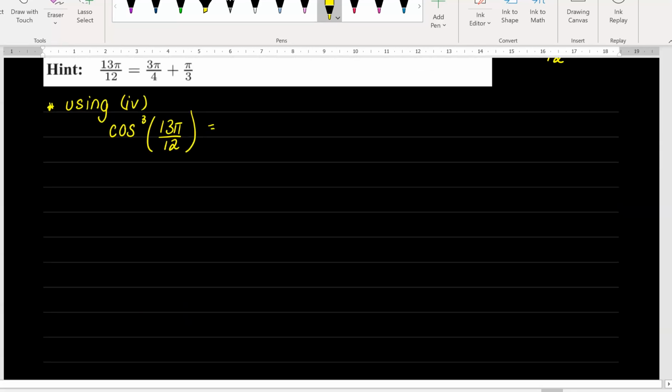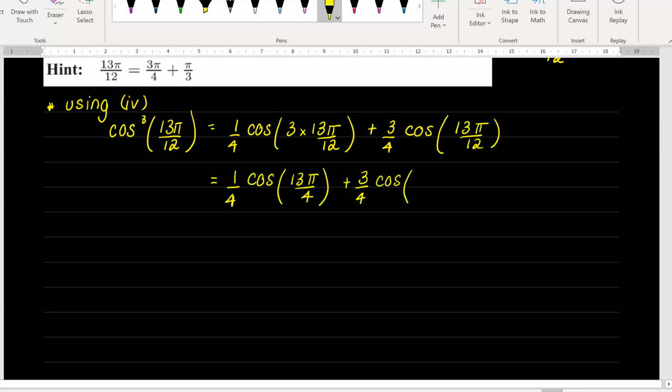So we end up with 1/4 cos of 3 times 13 pi on 12 plus 3/4 cos of 13 pi on 12. Just wrote that, the 3 and the 12 cancel to get 4, so 13 pi on 4. They gave us a hint over here. That bit there hinted that we can separate.